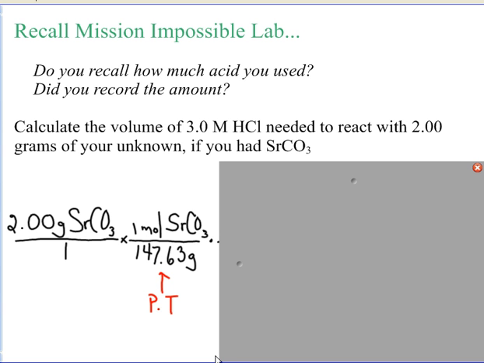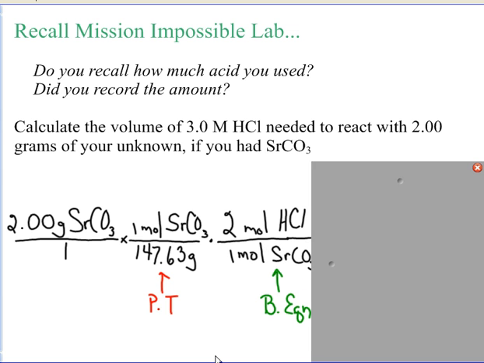After you find the moles of strontium carbonate, use the coefficients in the balanced equation to convert the moles of strontium carbonate to the moles of hydrochloric acid. Once you know the moles of the hydrochloric acid, you could stop, calculate, and plug it into the molarity equation. Molarity equals moles over liters.